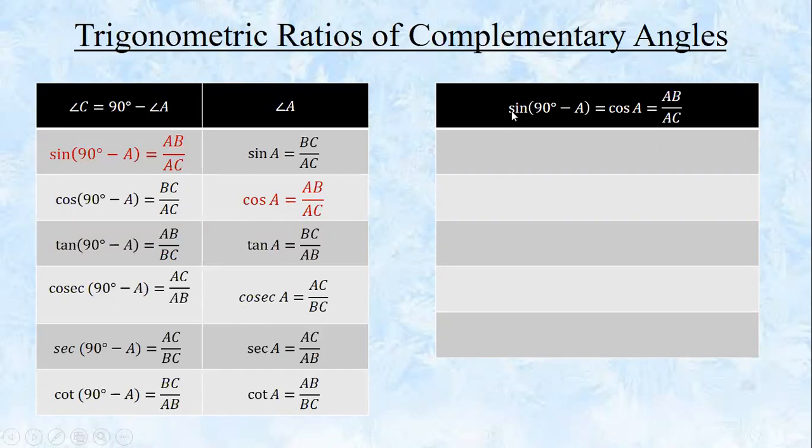So that means sin 90 minus A is equal to cos A, which is equal to AB by AC.